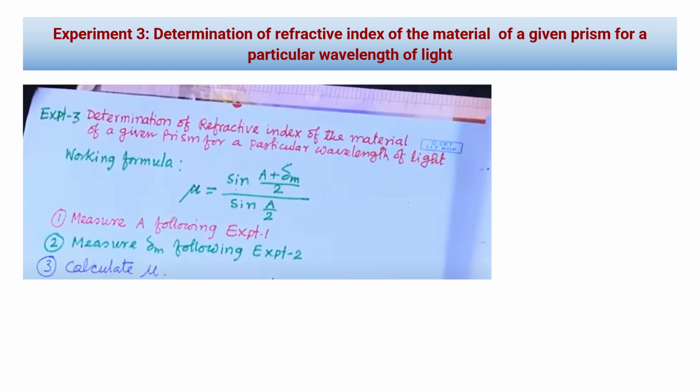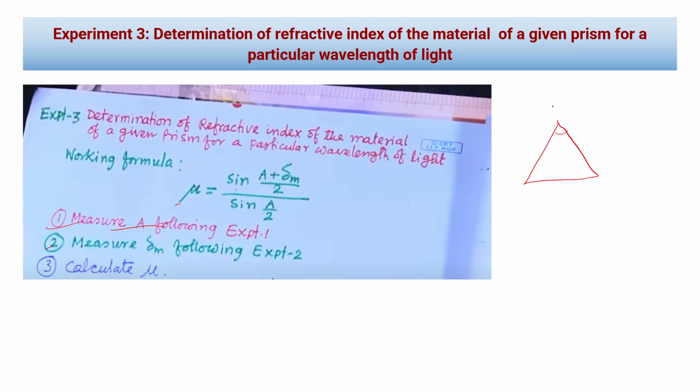Another experiment was determination of the refractive index of the material of a given prism, again for one particular wavelength of light. Here we had to find the angle of prism, which we had done in experiment 1.